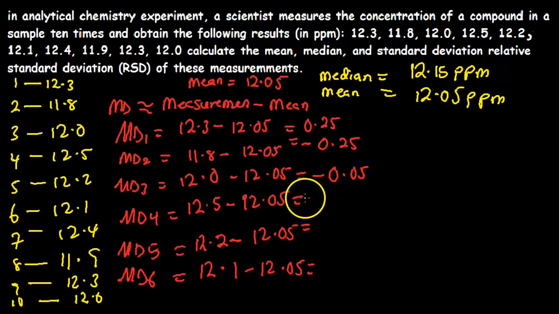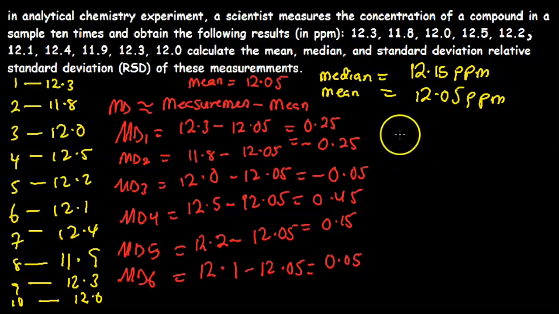The next one is going to be 0.45, the fifth one is going to be 0.15, and the sixth one is going to be 0.05. Remember, we are left with 4, which is the mean deviation for 7, 8, 9, and 10.